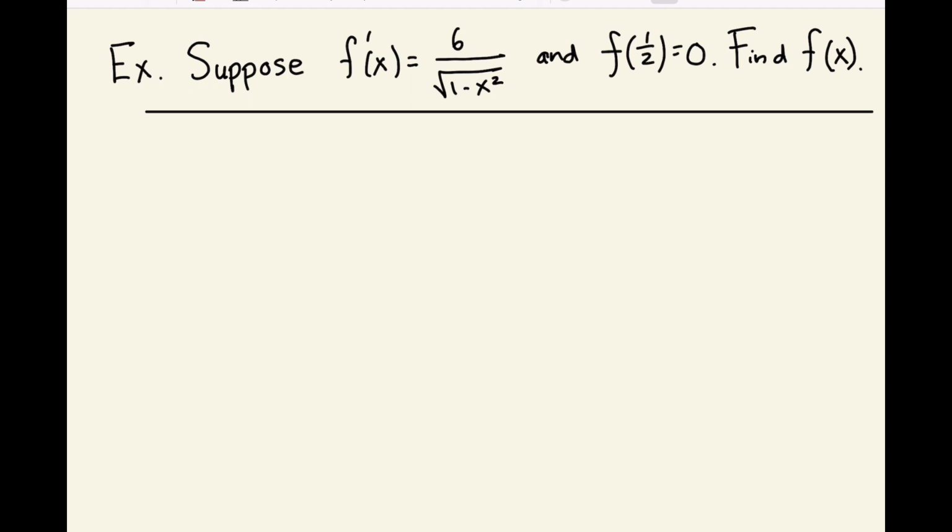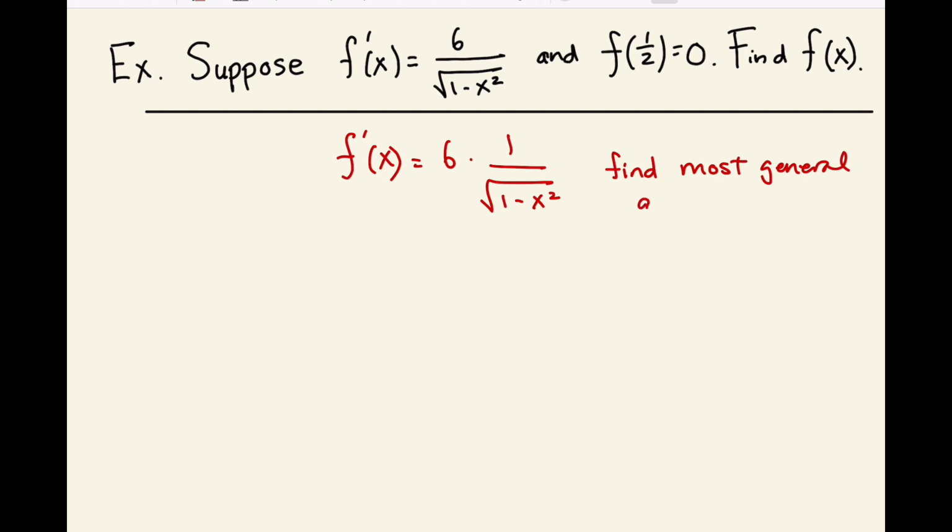So in this case, I see that f prime of x, which I can write as 6 times 1 over root 1 minus x squared, I want to find the antiderivative. In this case, I can see that f, I'm just going to use this notation f, just because we already have the notation f prime.